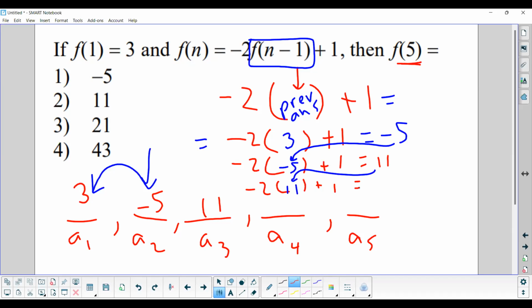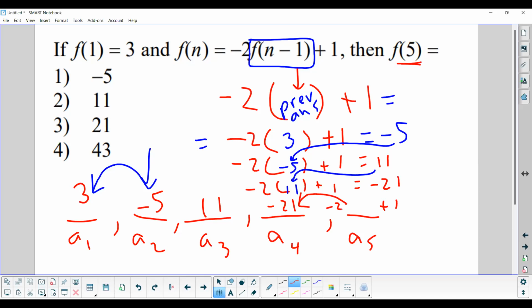Same rule. -2 times the previous number plus 1. -2 times the previous number, -22 plus 1. Again, -2 times the previous number plus 1.